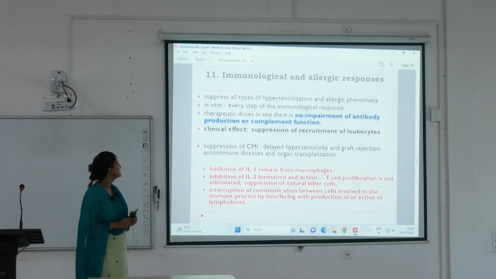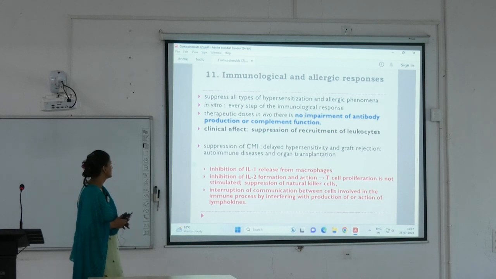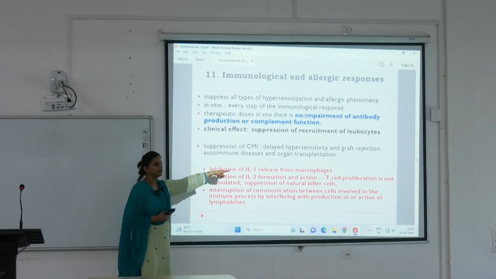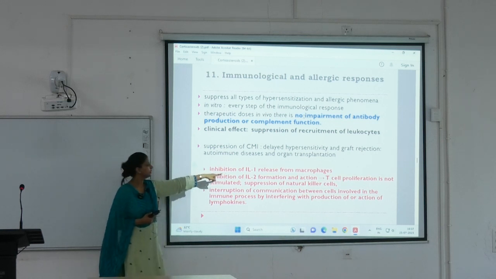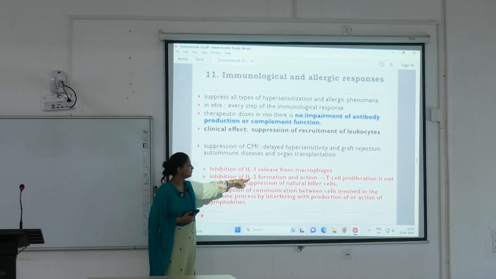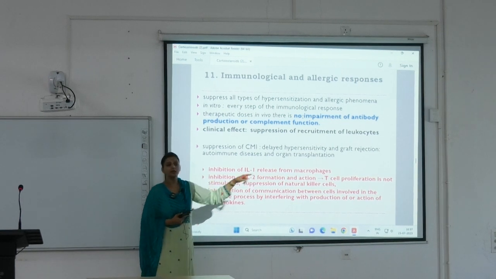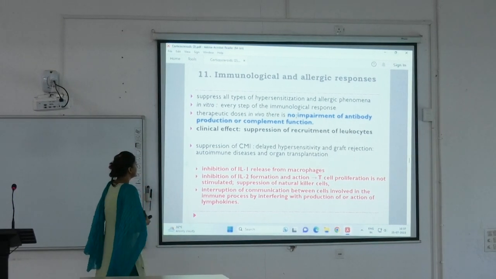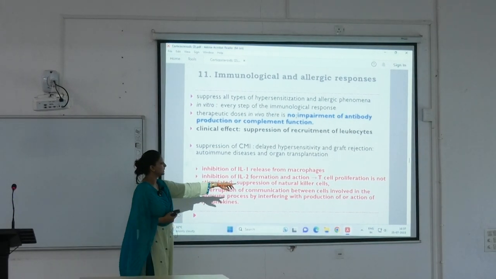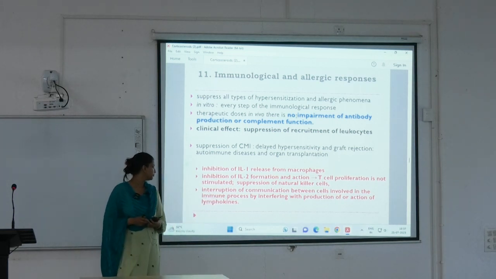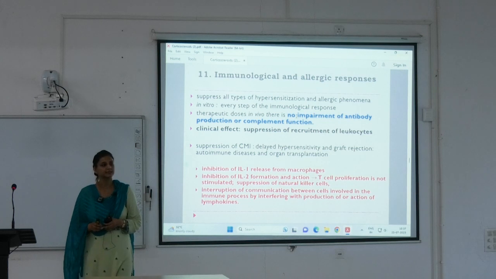immunological and allergic responses. I already told you inhibition of interleukin 1, কোথায় থেকে রিলিজ হয়? ম্যাক্রোফেজেস। Inhibition of interleukin 2 formation and action, তাহলে টি সেল proliferation করতে দিচ্ছে না। Interruption of communication between the cells that are involved in the immune process by interfering with the production of or action of the lymphokines.